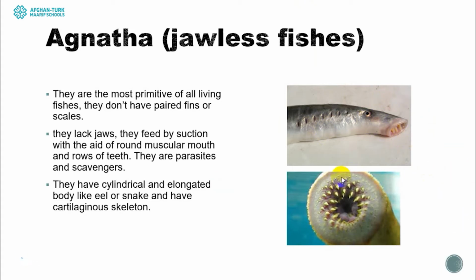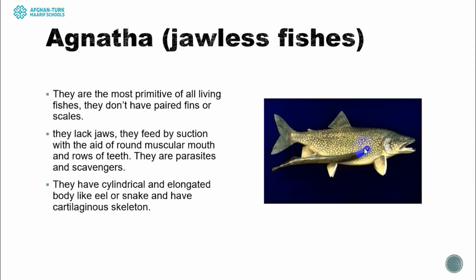And they are parasitic animals. They are just attaching their muscular mouth and row of teeth to other animals and sucking them, so we can say they are parasitic. Their body is cylindrical, as you can see, an elongated body that they got, and they are eel or snake like, and their skeleton is cartilaginous.